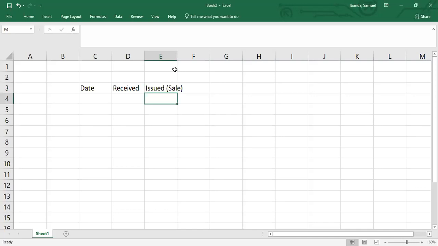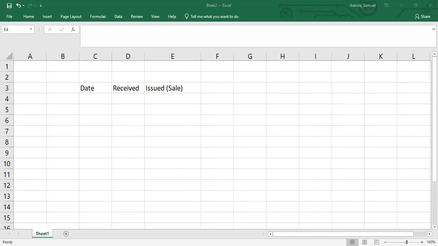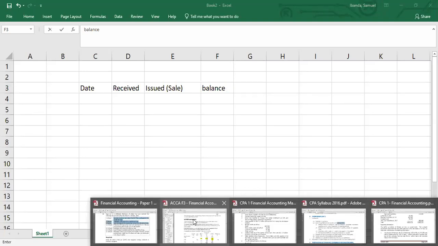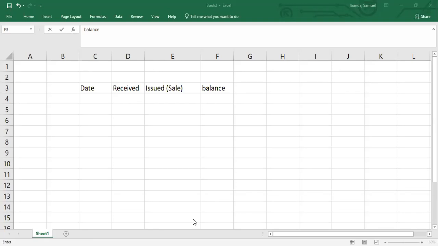This issued can also be basically the sale, so let it not confuse you. Then we can also have the balance. And then we can have the valuation of inventory, which is the value unit cost.